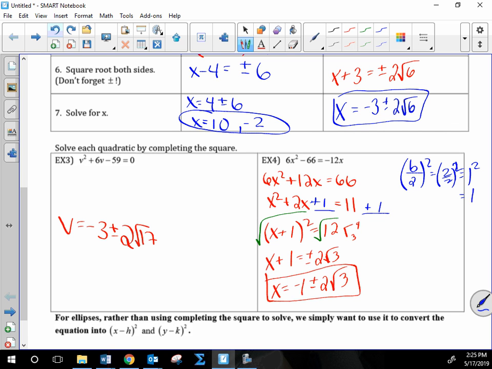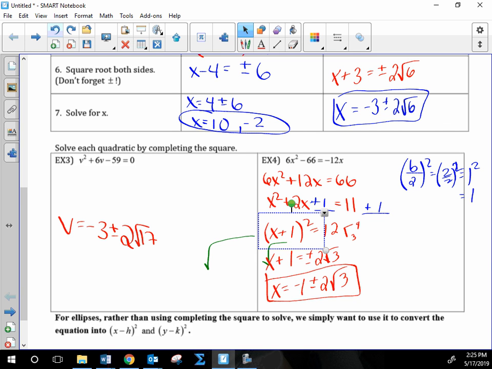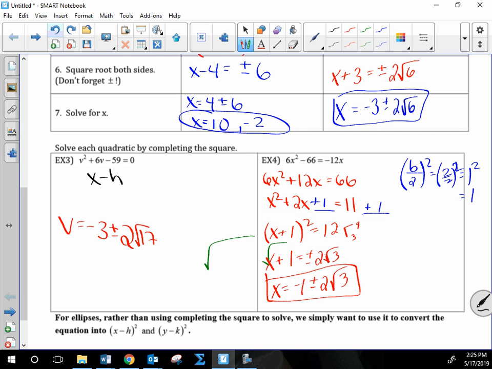Alright, so you'll see this note at the bottom. When we're working with ellipses now, we're not actually solving for an answer in the end. Our goal is to get it into this nice form, where it's a binomial squared rather than this big long polynomial. Because if you think about our ellipse equation, it's x minus h quantity squared divided by some number, plus y minus k quantity squared divided by some number, equals 1.